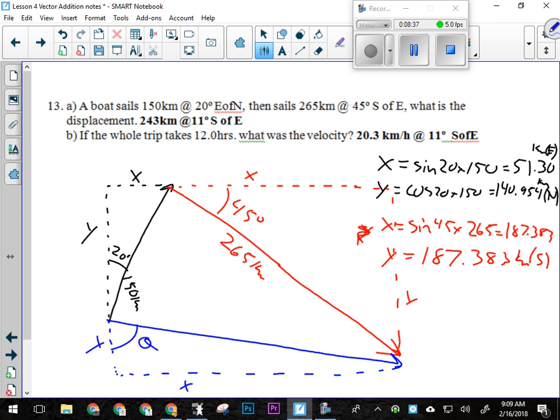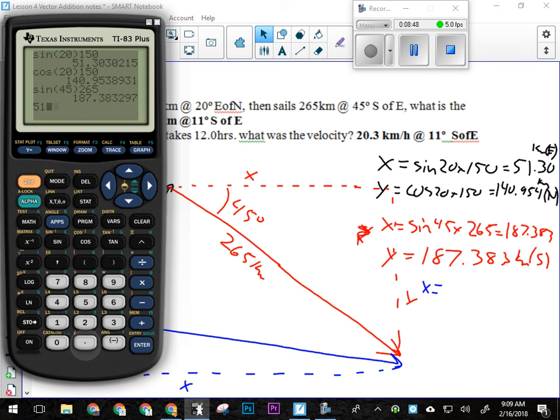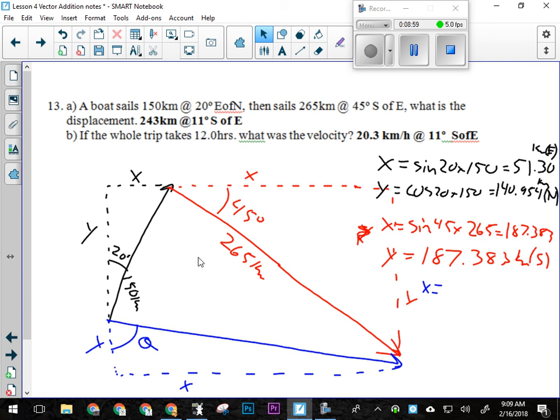Y and x. Okay, so to get blue x, I'm going to add both the x's together, so 51.3 and 187. All right, so it's 238.683 kilometers east, and y.